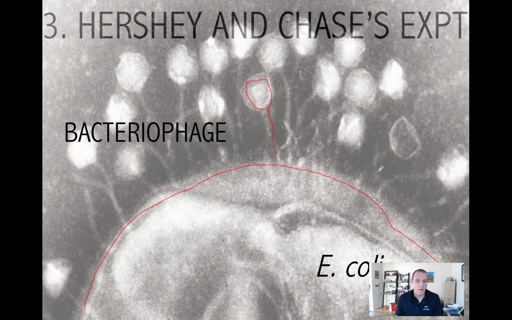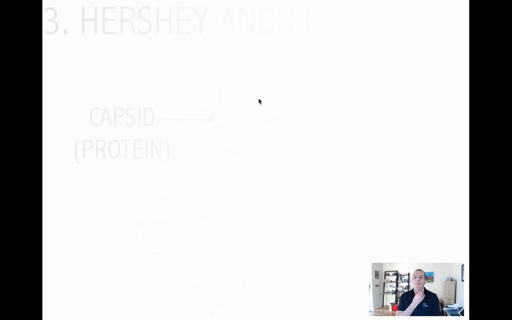These are all attached to the surface of this bacterium. You can see these bacterial viruses are tiny compared to the size of the E. coli. These viruses infect the bacteria, and once they get into the bacteria, they replicate their genome, take over the bacterial cell, and use their own DNA to make lots and lots of new virus particles.